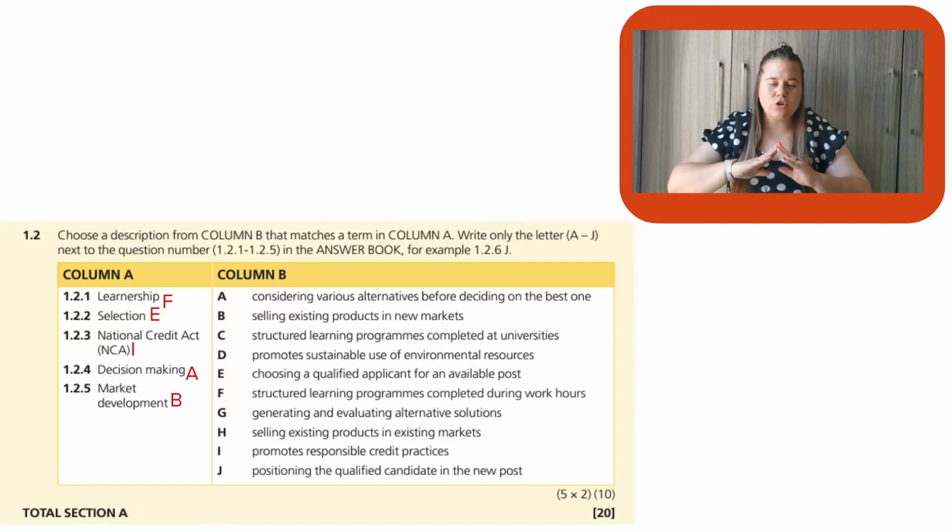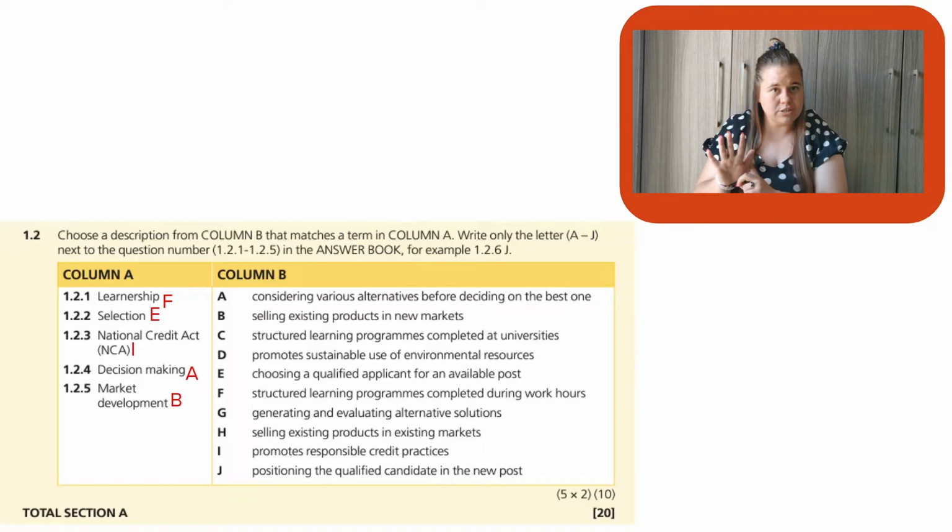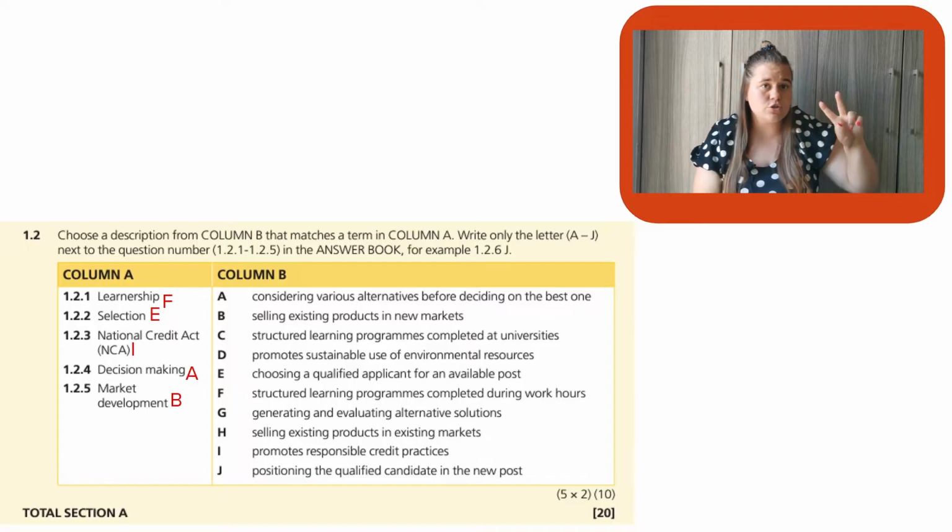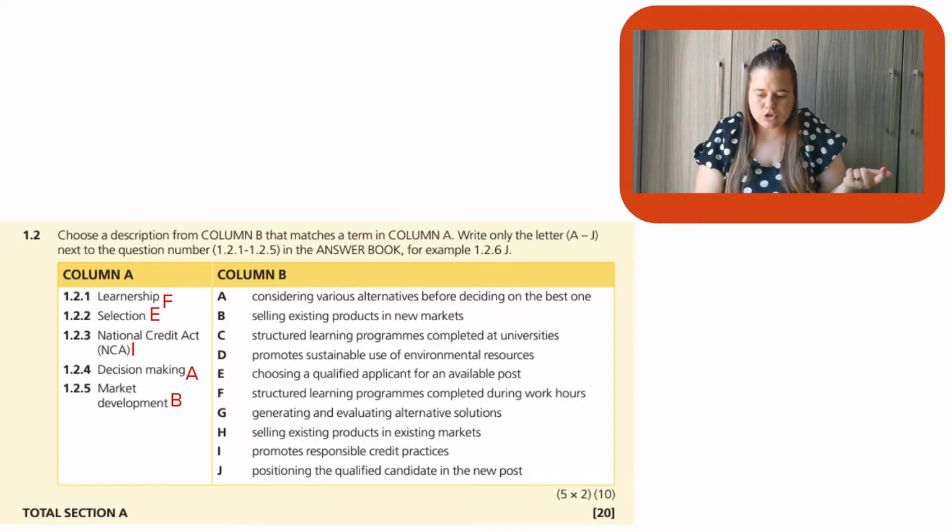So once learners pick out who are the buddies, each of the 5 is going to have a little buddy to go alongside them. If you can find your 5, then it becomes a choice between 2. I know sometimes it can be a bit difficult, but look at your options in column B and look which 2 sound similar, which 2 could go together. Let's try and find another one here.